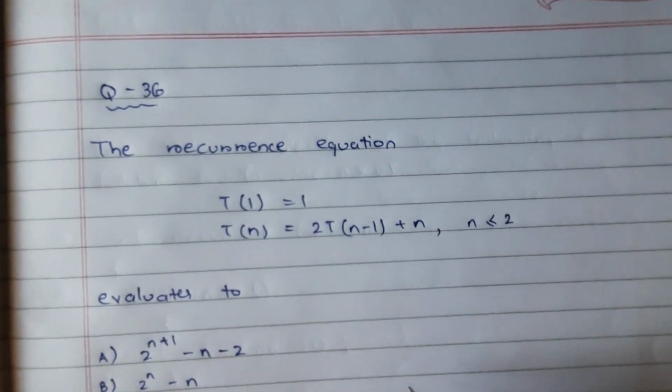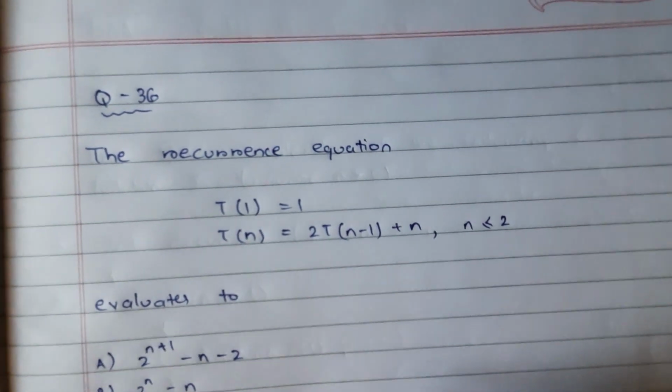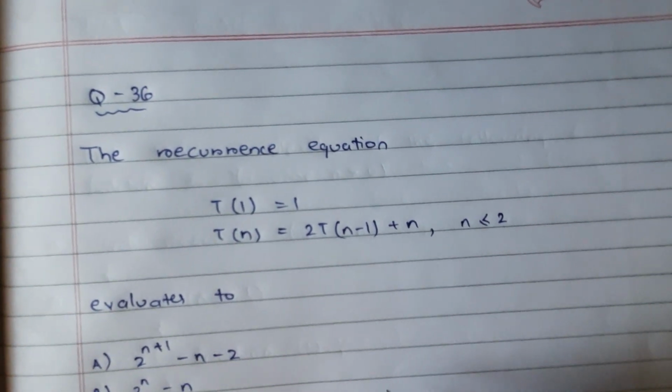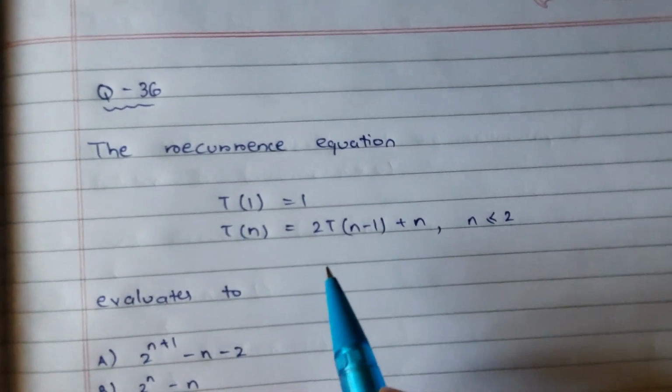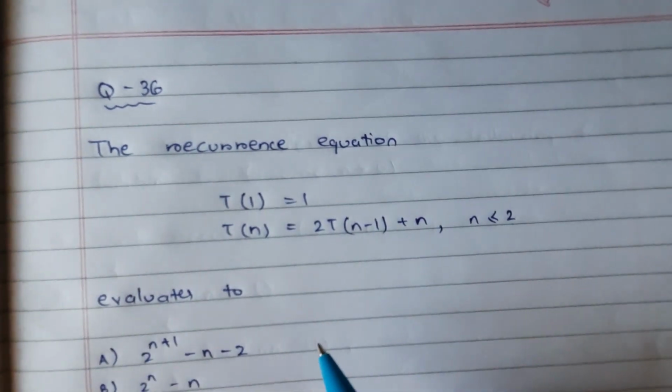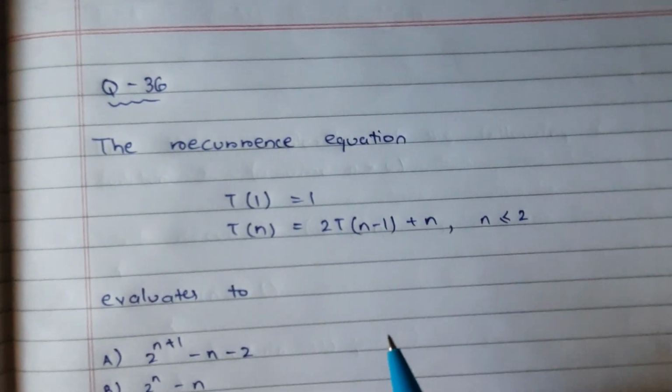So now let us move towards the next question, that is question number 36. In this question, one recurrence equation is given to us and we need to find the appropriate solution of this recurrence equation.